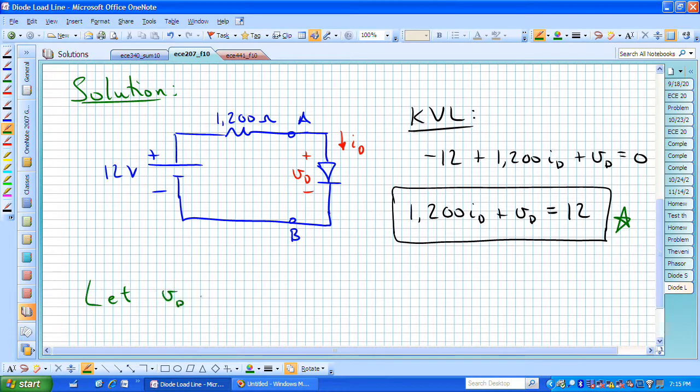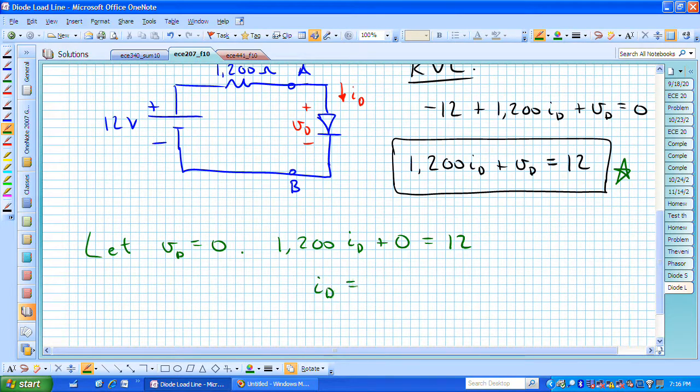If we let V sub D equal 0, then plugging that into this relationship, we have 1200 I sub D plus 0 is equal to 12, or I sub D is equal to 12 divided by 12 times 100, or 1 over 100, or 10 to the minus 2, or 0.1 amp, which is really just 10 milliamps.